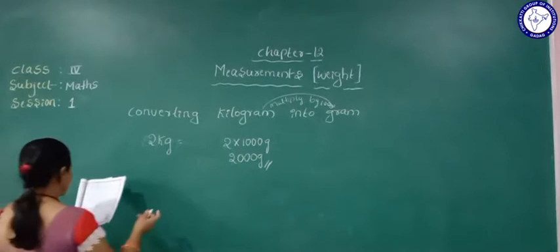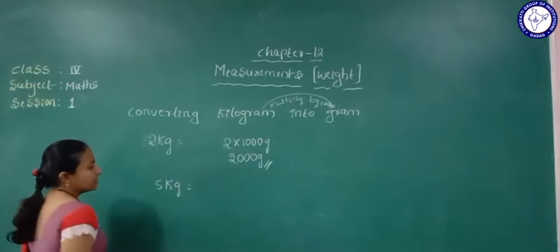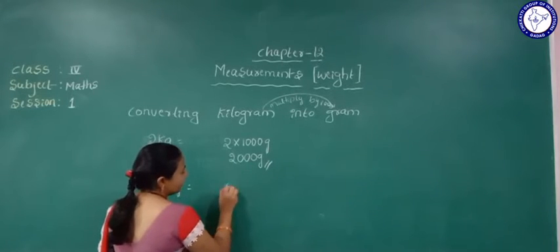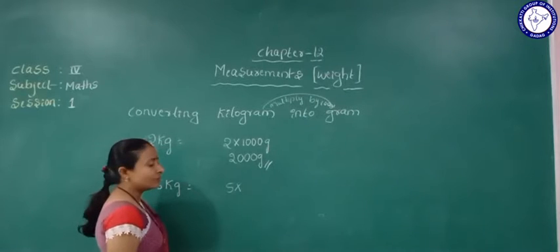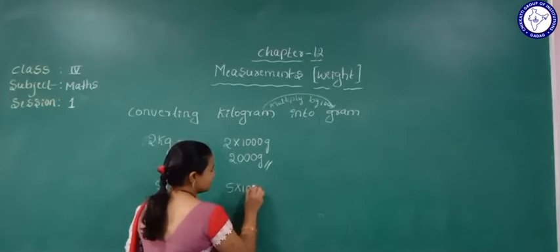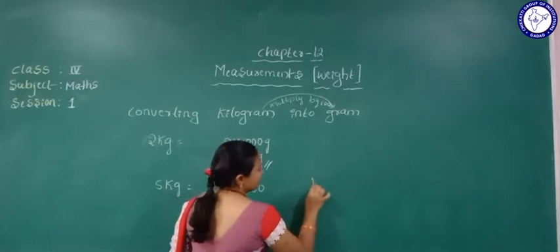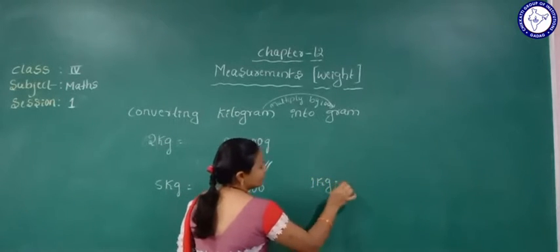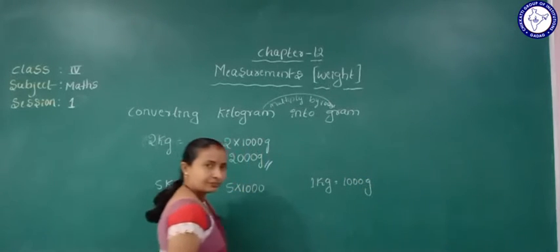Next example, that is 5 kg. We write 5 into how much will we multiply now? We will multiply by 1000, because 1 kg is equal to 1000 gram. Understood?